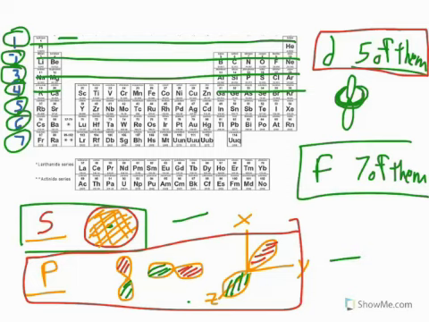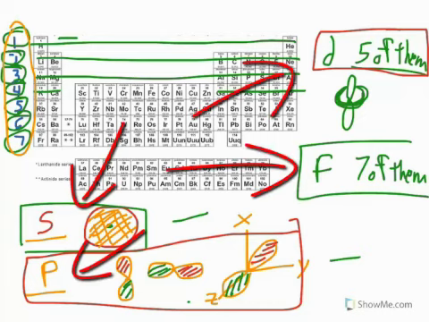Now, there's one other rule that we wanted to define. We have these principal energy levels over here, and these orbitals that I've listed out are sub-energy levels. There are 4 types of them: 1 s orbital, 3 p orbitals, 5 different d orbitals, and 7 f orbitals.